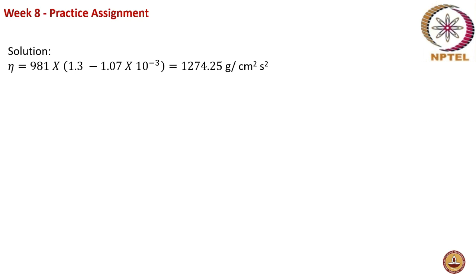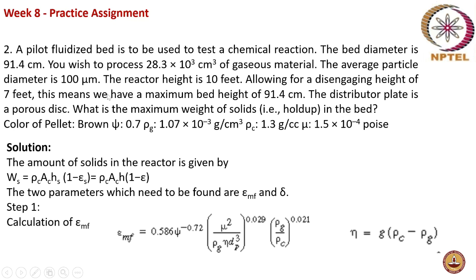You have to be consistent in units. These play a vital role, because when you look at all these terms, they are all given in CGS units. They have given viscosity in poise, density in gram per centimeter cube, height in centimeter, volume in centimeter cube. So everything is given in CGS units.